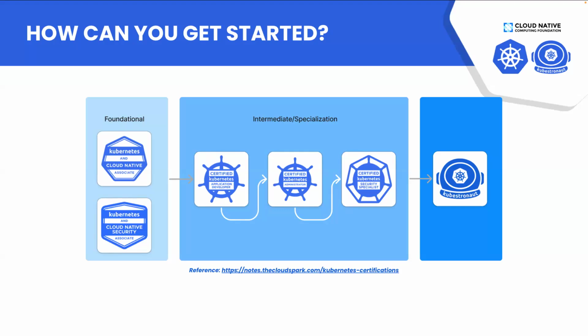So basically, Kubernetes and Cloud Native Associate, Kubernetes and Cloud Native Security Associate, and such. And then once you get the idea and the feel of the cloud native space, I suggest as well to take hands-on experience by, of course, exploring Kubernetes firsthand. And then you might want to also take some other certifications that are performance-based, right? So once you get all of these 5 certifications, automatically you'll get into the Kubestronaut program.